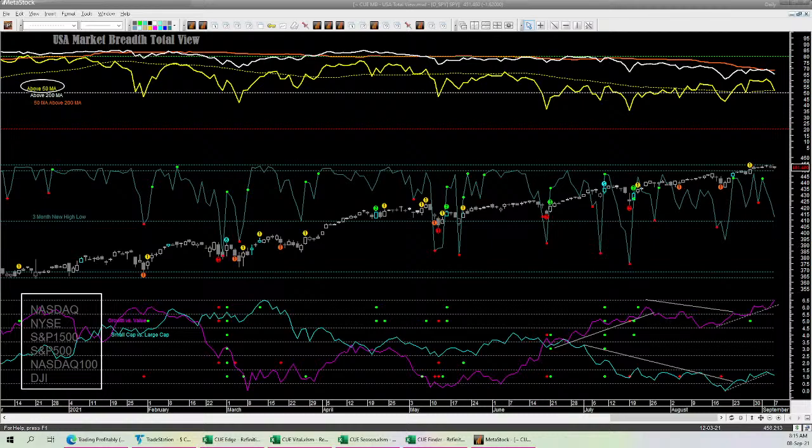Again, you look at the yellow line, percentage of stocks above 50 MA. Still in an uptrend with higher high, higher low. It dipped a little bit yesterday, just above the 50% level. So about 50% of stocks overall in the USA market are above their 50-day MA.